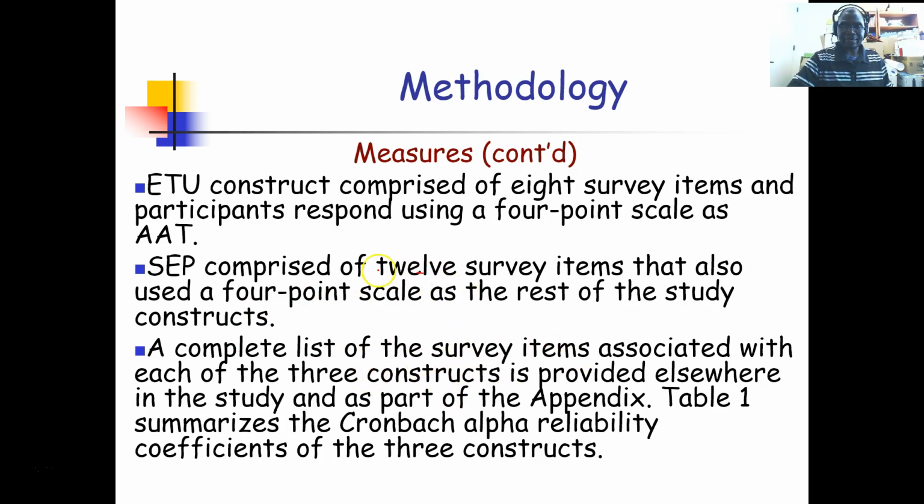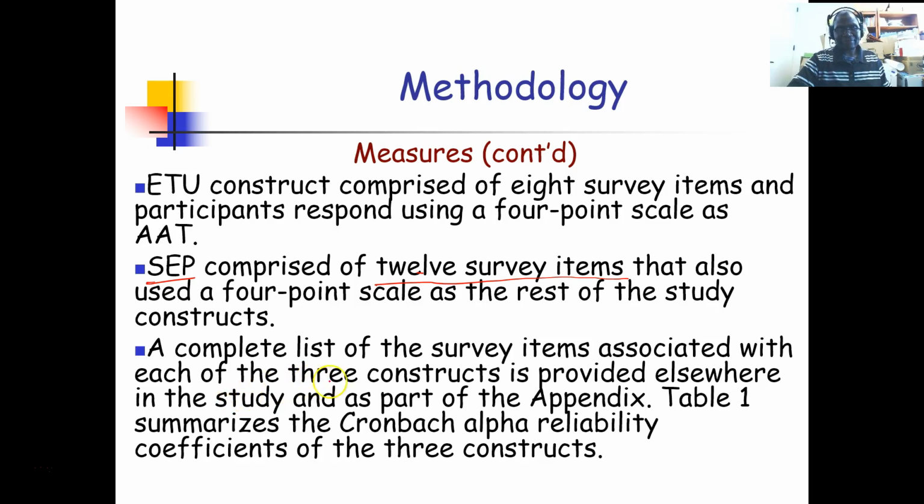And then we also look at student educational perspective. This was also made up of 12 survey items that also use a 4-point scale as the rest of the study constructs.